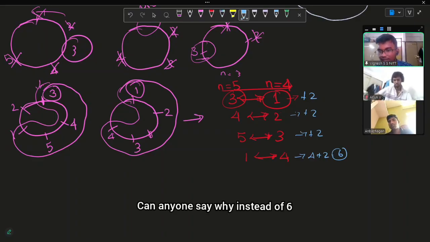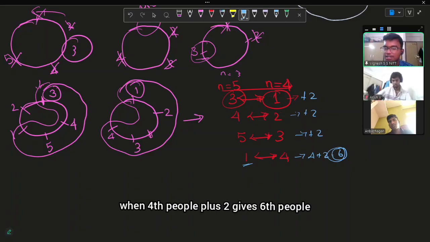Can anyone say why instead of 6, 1 is written there? The logic of plus 2 may be correct, but that doesn't apply when the fourth person plus 2 gives the sixth person, but with n is equal to 5, you can't put 6, so they have written 1. How did they do that?